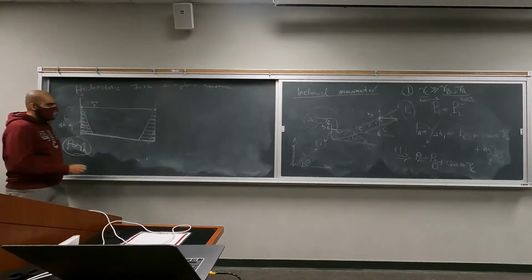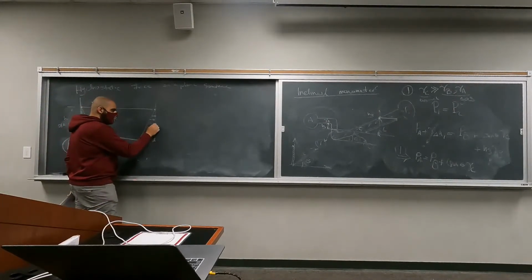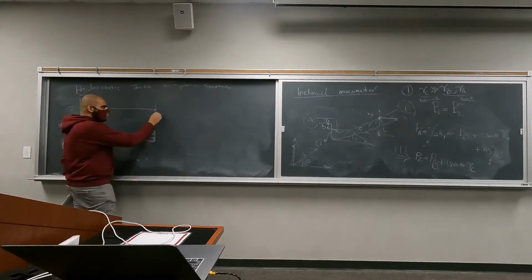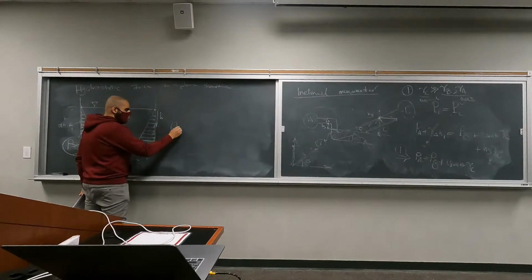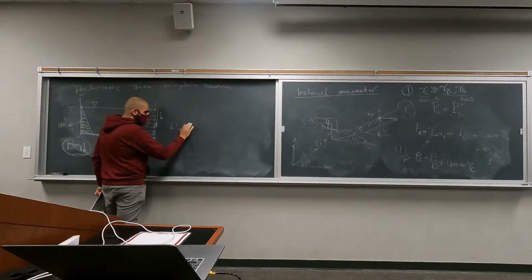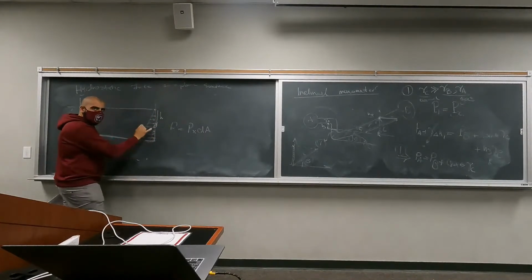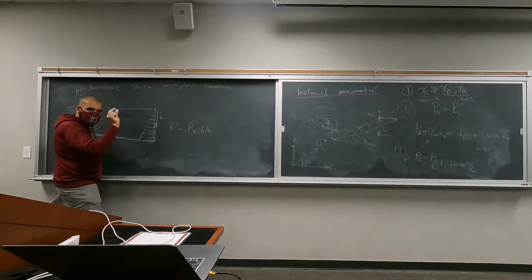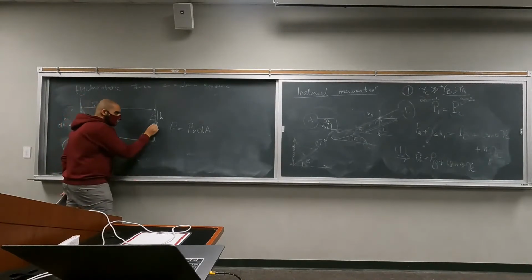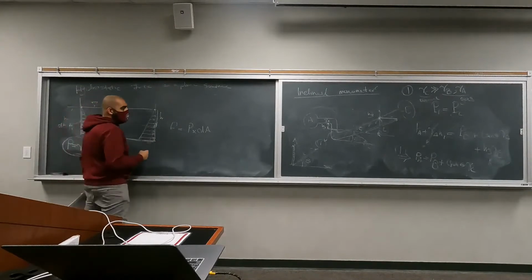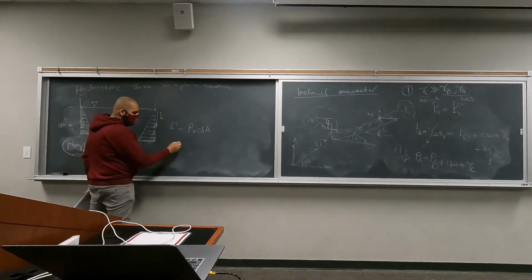So the pressure force that is being exerted on a small element of area located at depth h, or height h, whatever you want to call it, is going to be the pressure at that area multiplied by that small element of area, right? This is the area of a small arbitrary element that we have defined. Pressure at this specific point multiplied by that area. What is the pressure at that specific point?